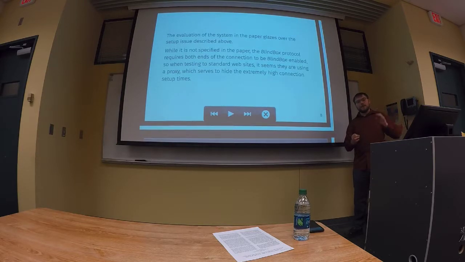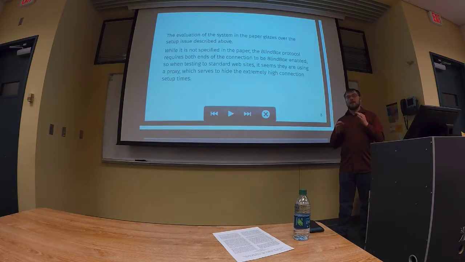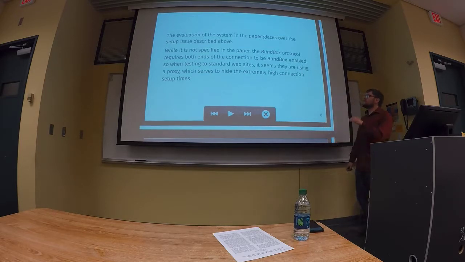And that hurts you even more than you think, because loading CNN.com actually makes connections to 13 different domains as part of loading the ads and the videos and all this other stuff. So, assuming you just put this in place today, you get to pay that 90 seconds and 6 gigabytes of transfer 13 times.